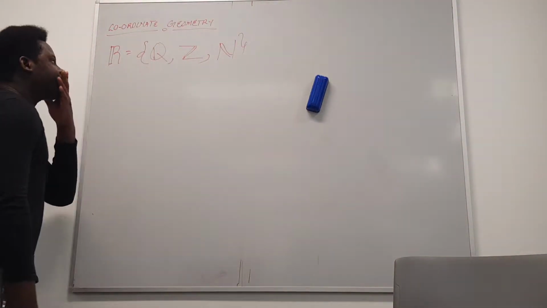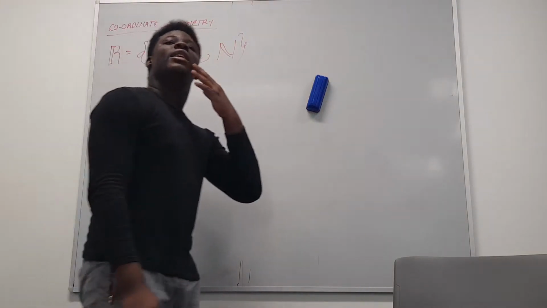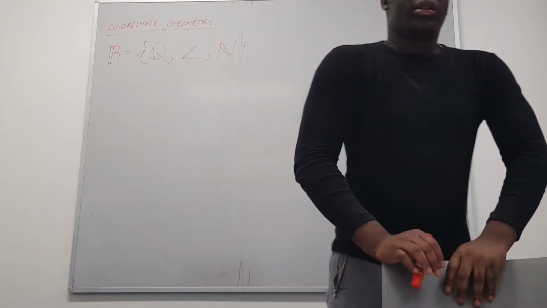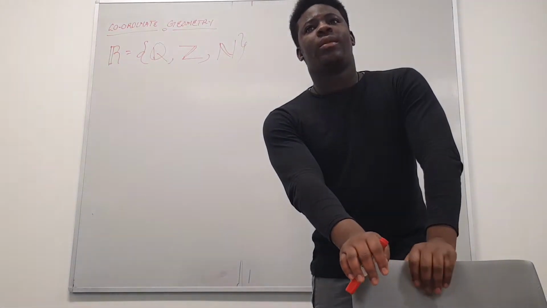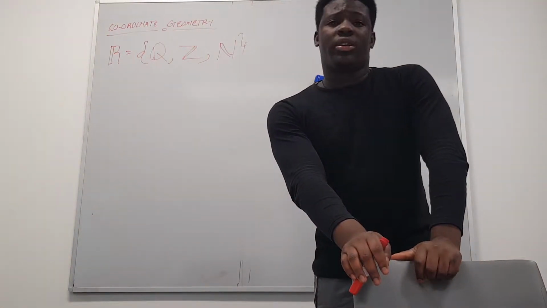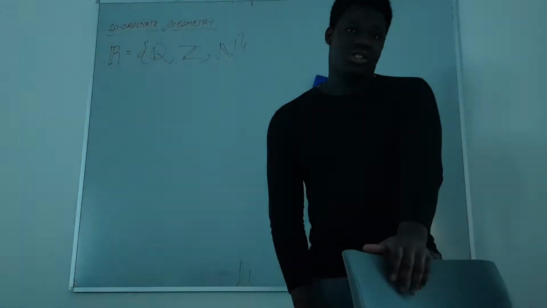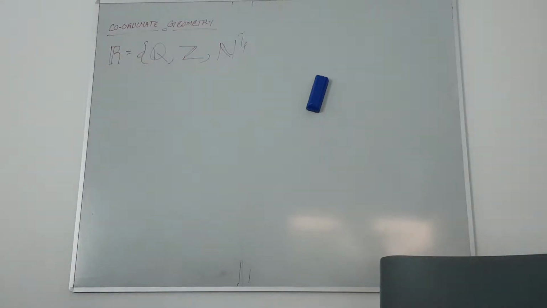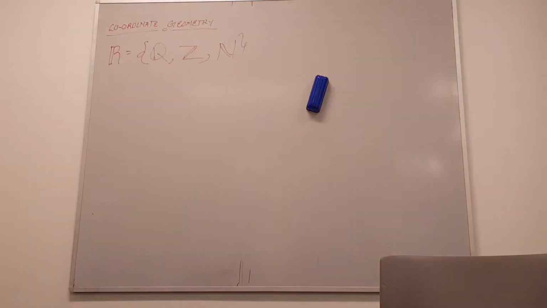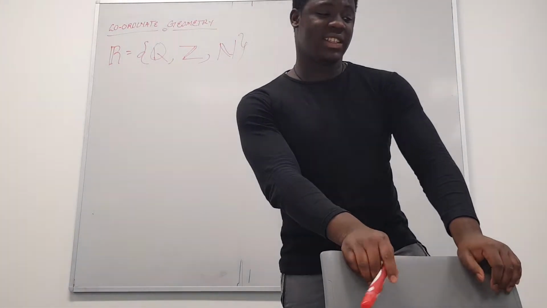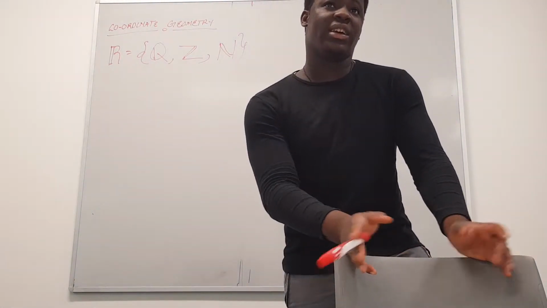So yeah. Now, we have this idea of something called a Cartesian product. A Cartesian product is just a fancy way mathematicians say dot product.